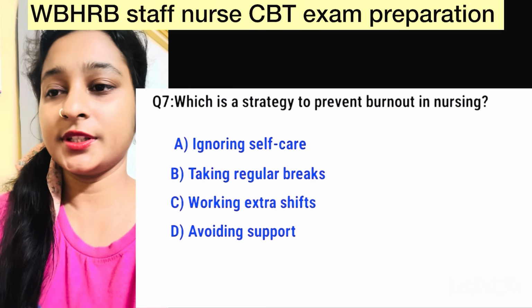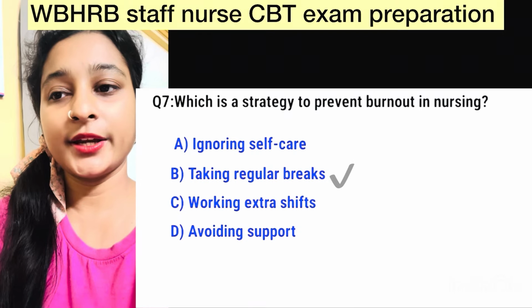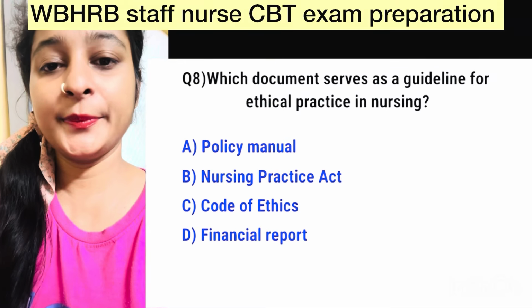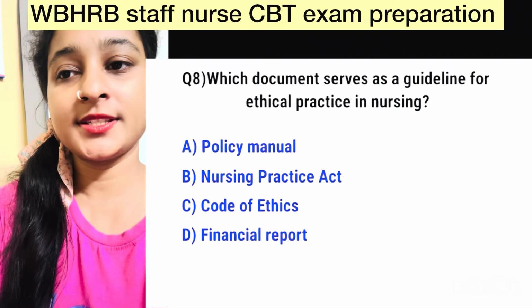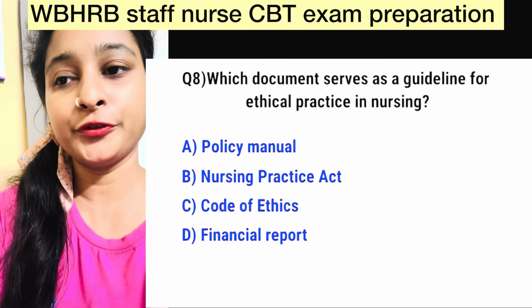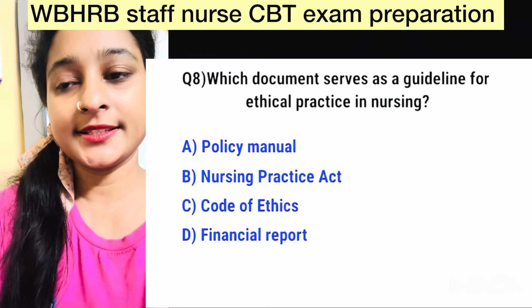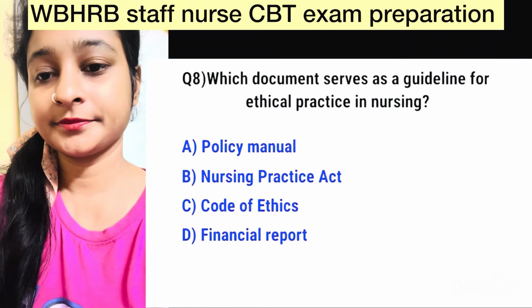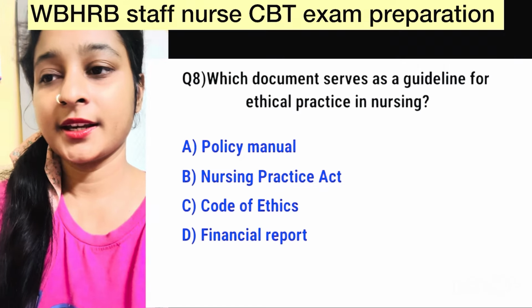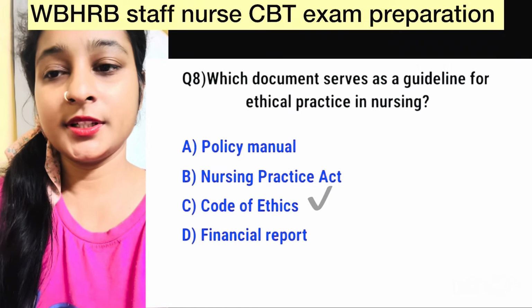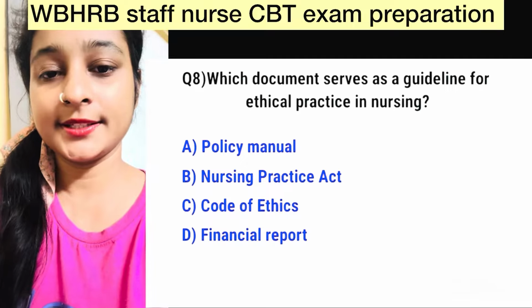Here, correct option is option B, taking regular breaks. Question number 8. Which document serves as a guideline for ethical practice in nursing? Here, correct option is option C, Code of Ethics.